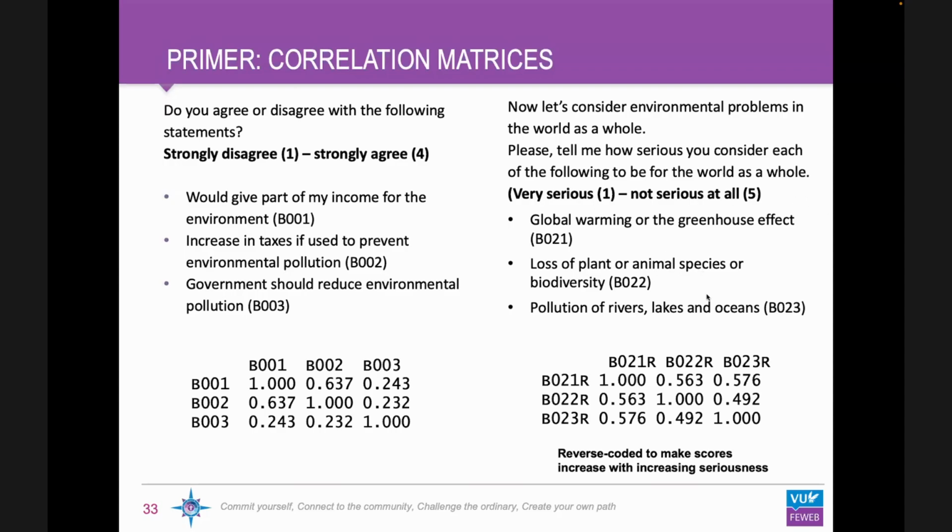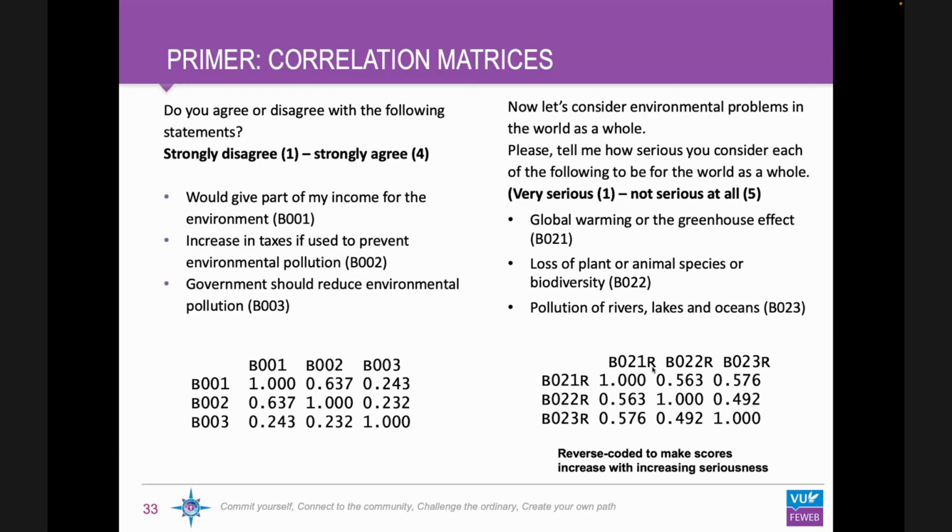But what we are really interested in here is that if both of these constructs are valid, then their items should be very much correlated within themselves, as we just talked about. We expect high correlation between the items that belong to the same construct. So this we will call convergent validity soon. But at the same time, we are measuring multiple constructs, right?